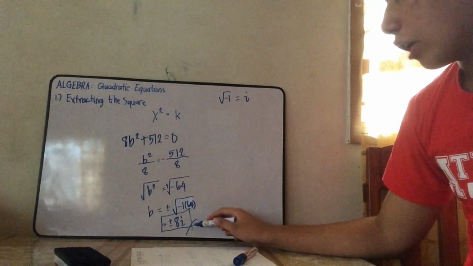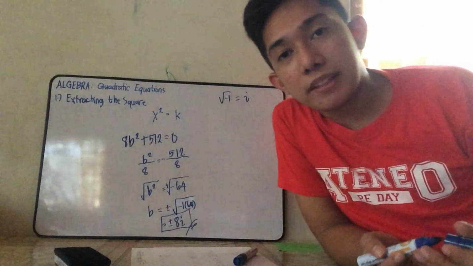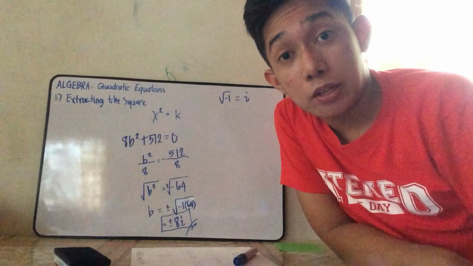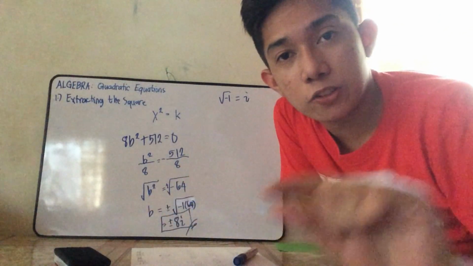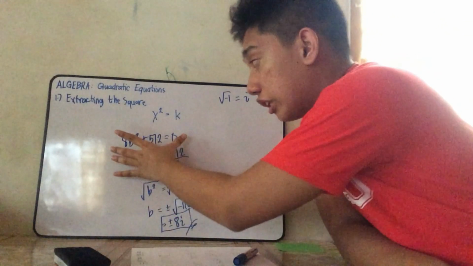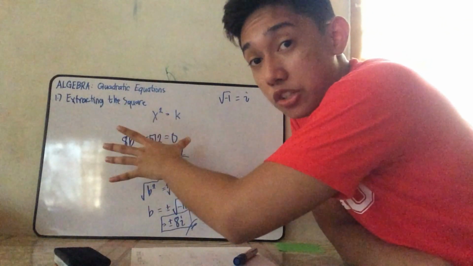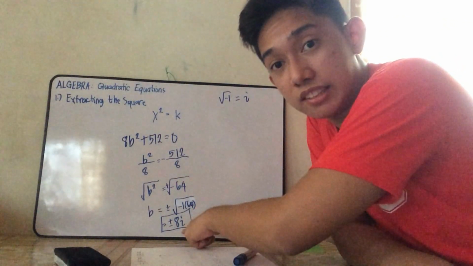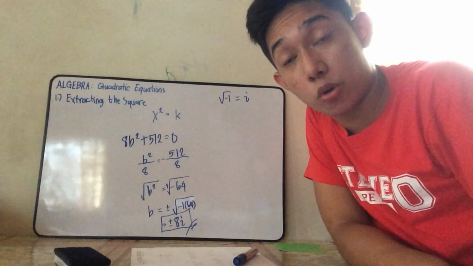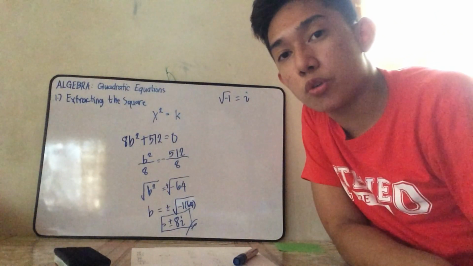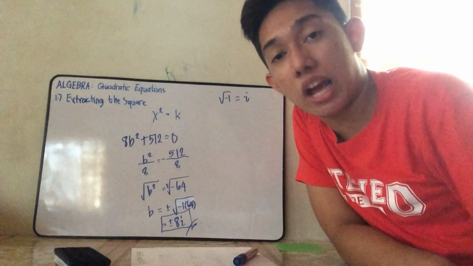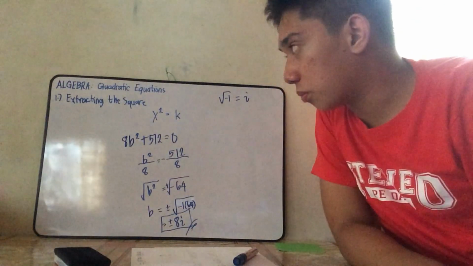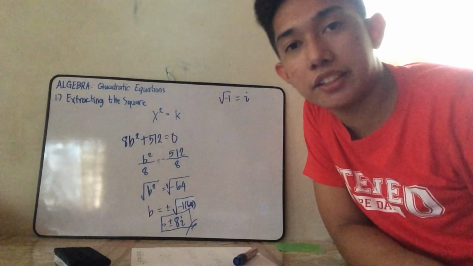Okay? 8i. So, this is the final answer. But, in cases like this, you should also look at the problem. If it says find a solution, then this equation has no solution. Why does it have no solution? It is because imaginary or complex numbers are not a solution here. The only solution for an equation is a real root or a real number. Okay, remember that. So, just practice extracting the square.